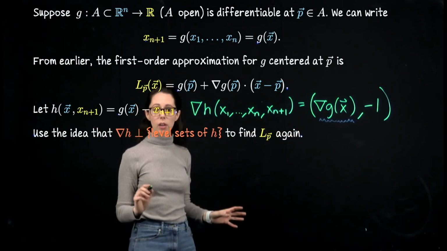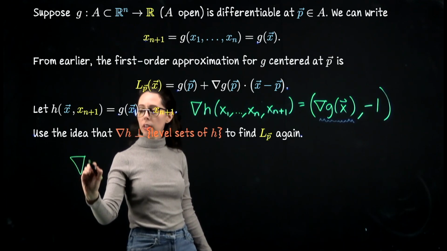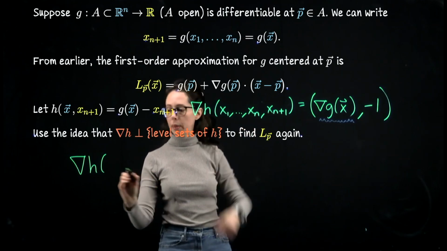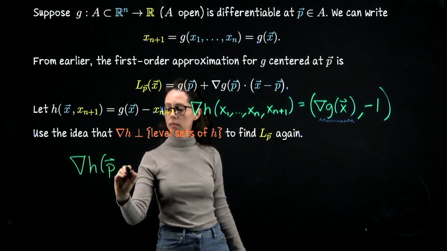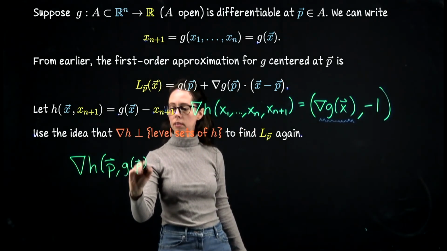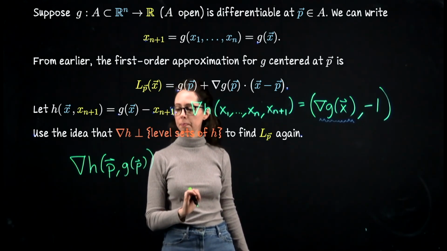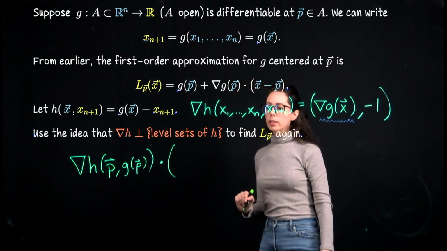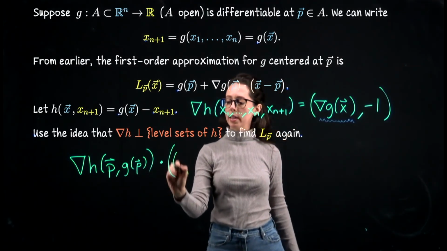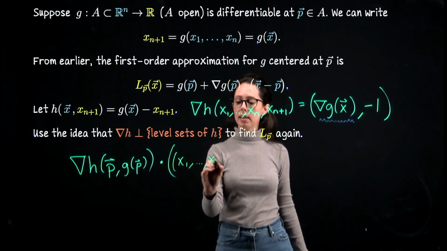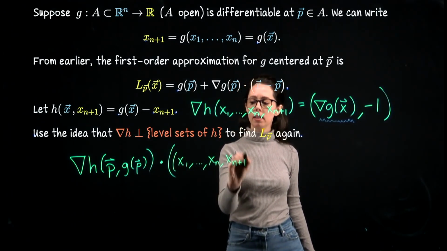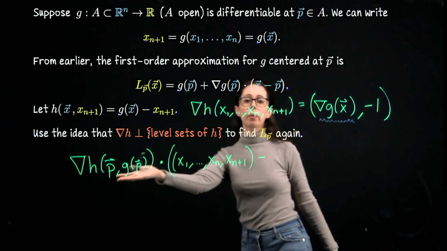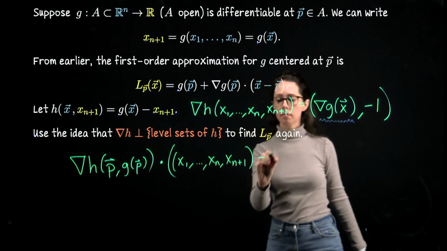What I'm going to do is take an orthogonal vector, which we know now to be the gradient of h at (p, g(p)), in coordinates, dotted with a difference vector that looks like the general space coordinates x1 through xn, comma, x_{n+1}, minus (p, g(p)), the point where we are trying to compute the tangent space.